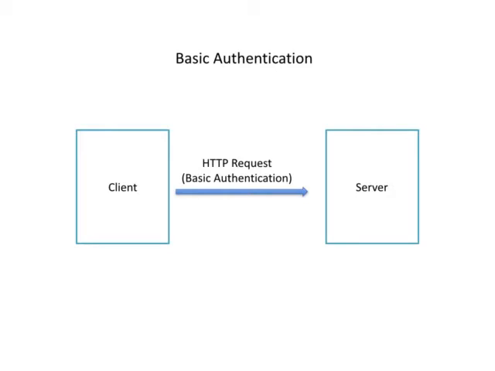What this means is that when a client makes a request to a server, whether it's a browser making a request to a web server or a web service client making a request to the web service, this request can be authenticated by providing user information in the request.